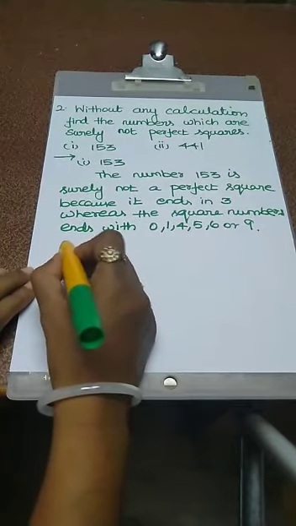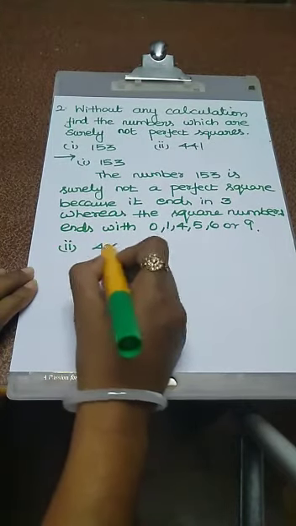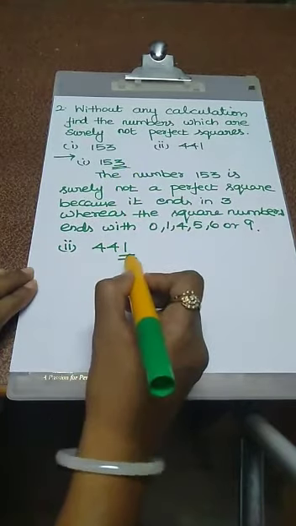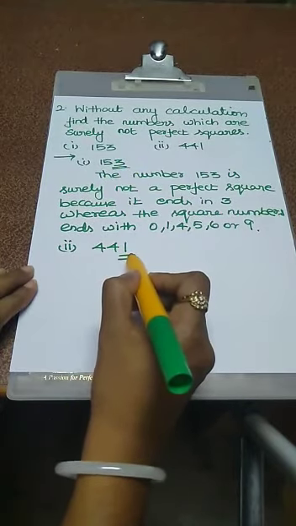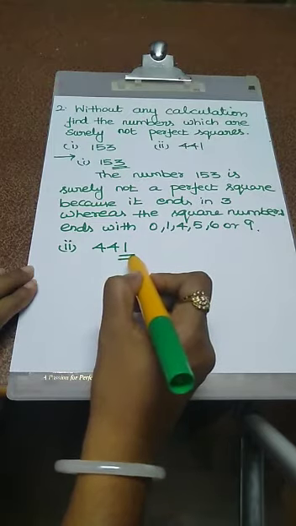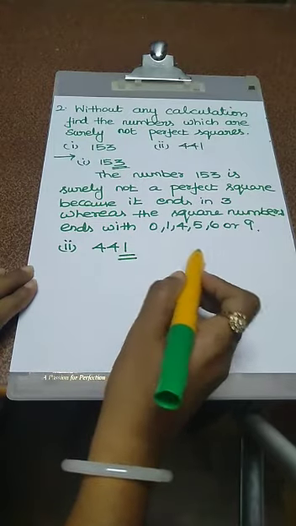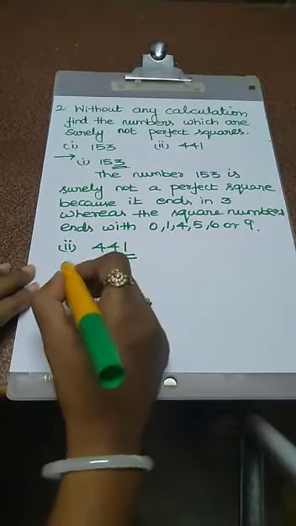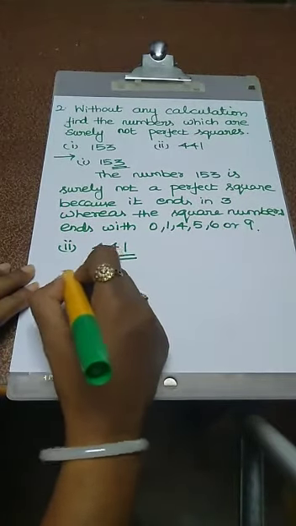Okay. The next subdivision is 441. You just look at the final value. Here the unit digit value is 1 only. The number may be a perfect square as the square numbers end with 0, 1, 4, 5, 6 or 9. So we have to say the number may be a perfect square.